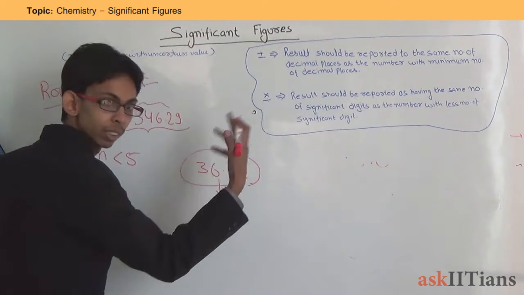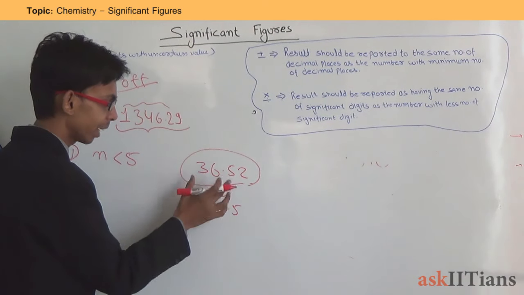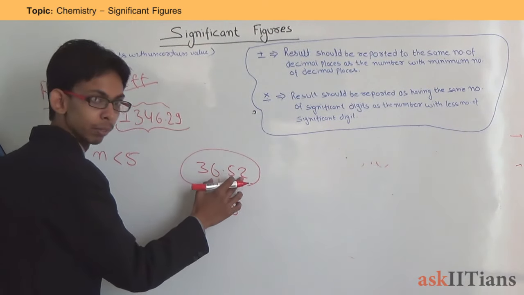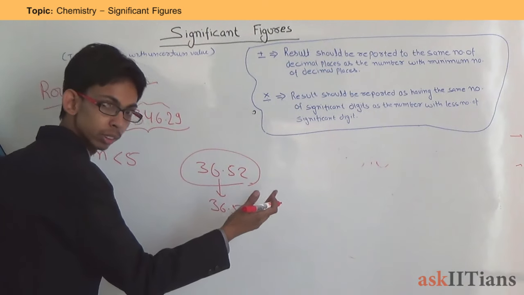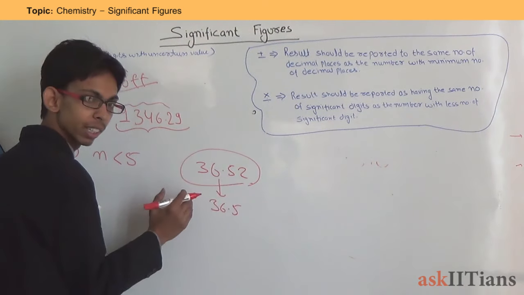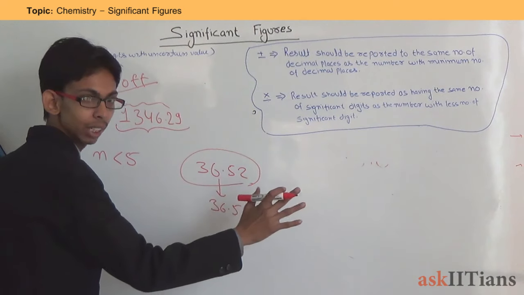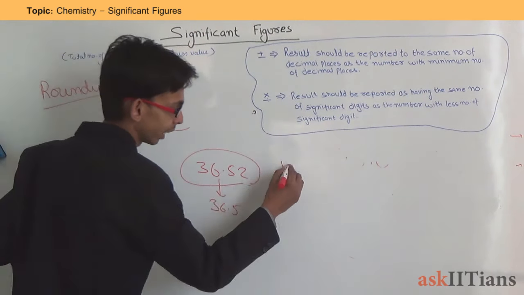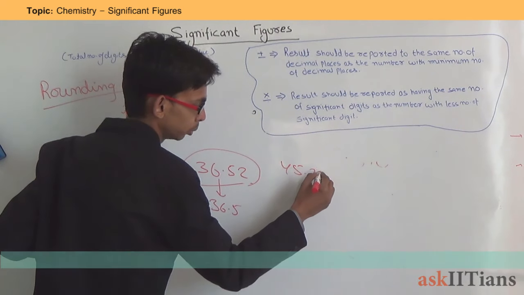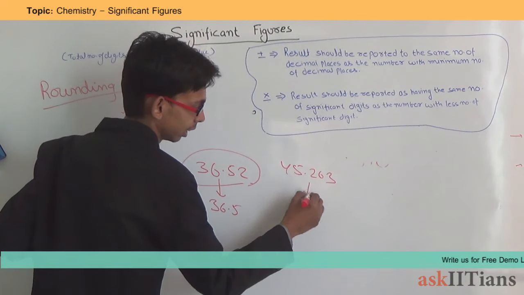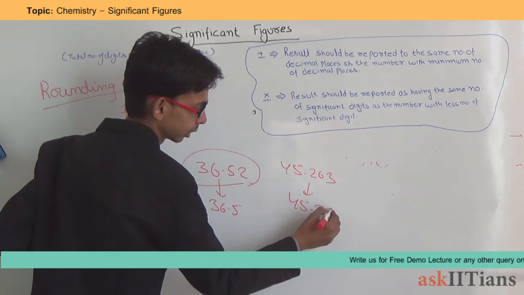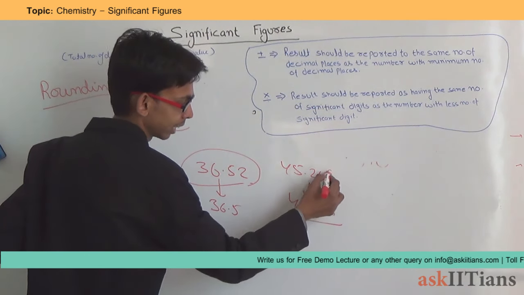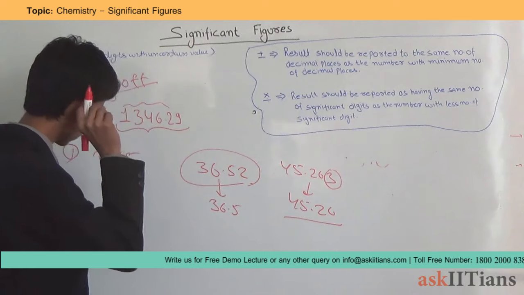We can ignore this one. Whenever the significant digit which is to be removed is less than 5, we can simply ignore it and write it up to 3 significant digits. Similarly, we can write 55.263 in the form of 55.26 because this is less than 5.